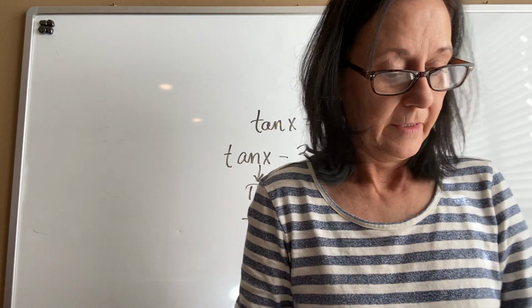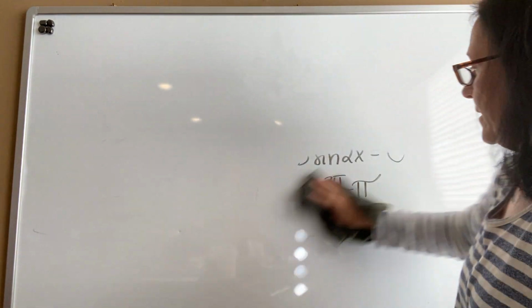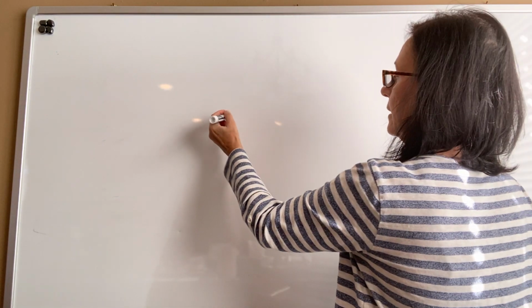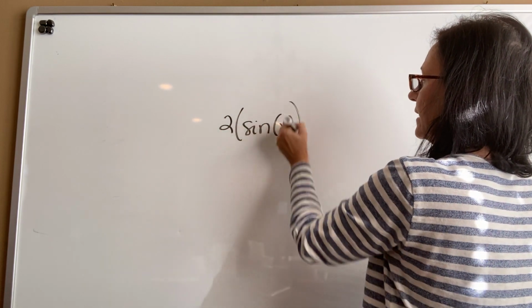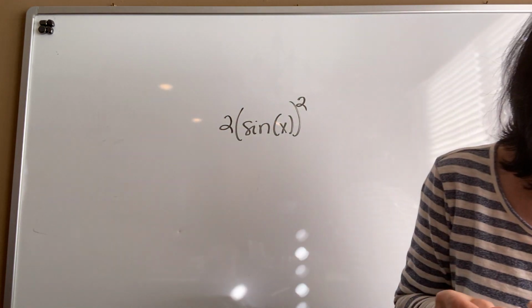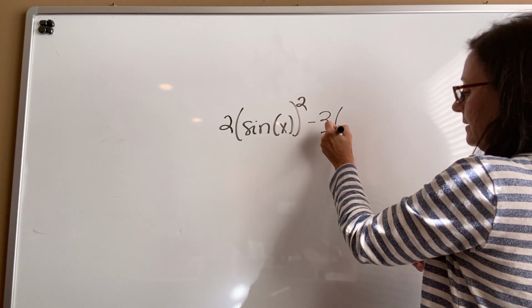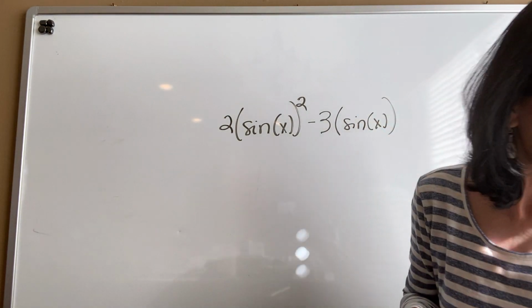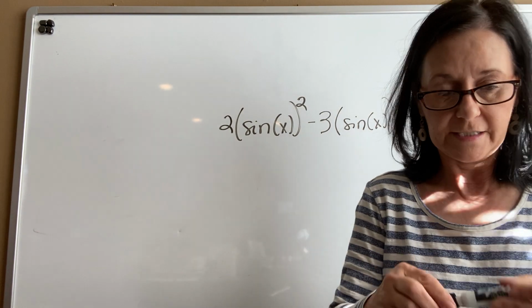All right, so this is how I will enter this equation into my calculator. It's 2 times the sine of x squared minus 3 times the sine of x. Remember, parentheses are important. Minus 3. This is how I'm going to put it into y sub 1.